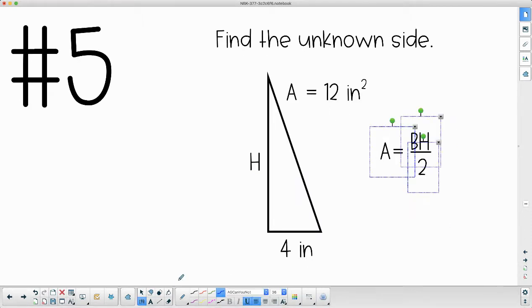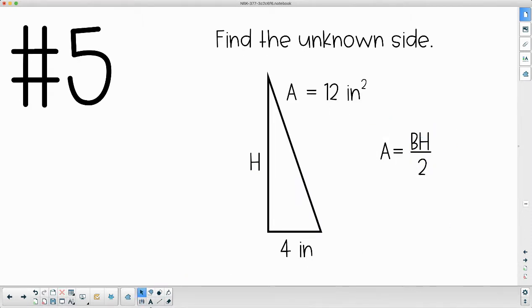Number 5, got some funny lines on there. There we go. So number 5 wants us to find the unknown side. So we know our formula for the area of a triangle. So the total area is 12. So we're just going to replace all of these here. The base is 4. We're looking for the height. So we need to get this h all by itself.